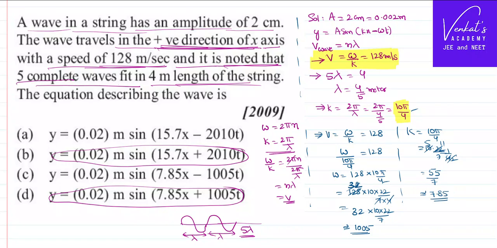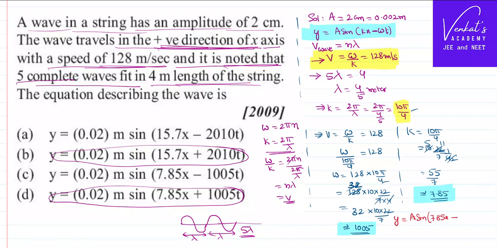Now, if you observe carefully, you know the value of k, you know the value of omega, and you know the general format y equal to a sin(kx minus omega t). When you put all these things together, the displacement of the particle is y equal to a sin(kx, where the k value is 7.85 into x.